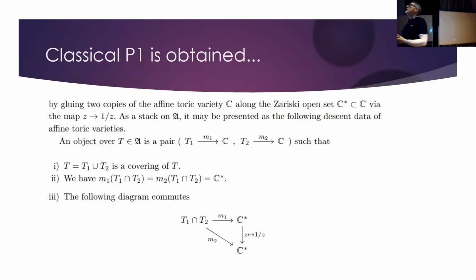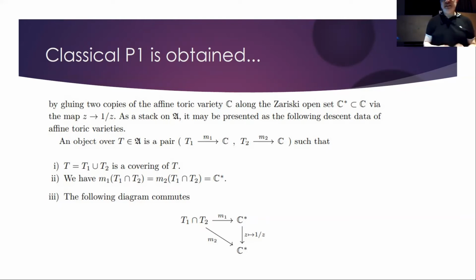But they give you exactly the same as the descent data on this category of toric stacks. So you could either glue your variety or consider this fan as the descent data. But the situation with stacks is more general, because now you don't need the fan to be rational. The fan can be irrational, and they still give you good descent data to produce one of these quantum toric stacks.